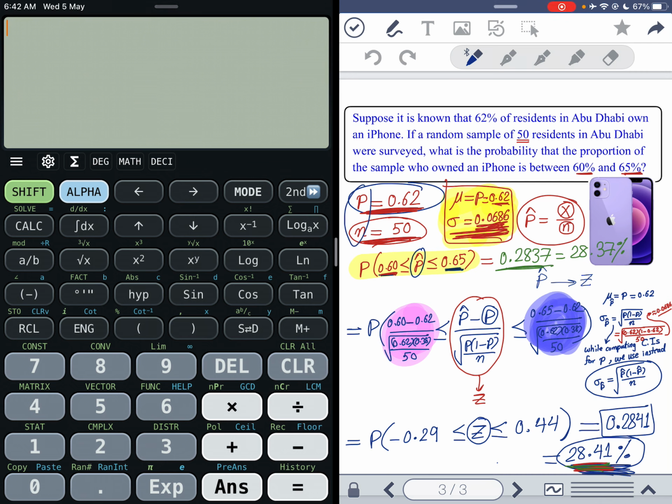So look at this here. We have n is 50 and p is 0.62, so 31, that's good. And also we can do 50 times 1 minus 0.62, 19. Both of them are more than 5. In fact, both of them are more than 15.